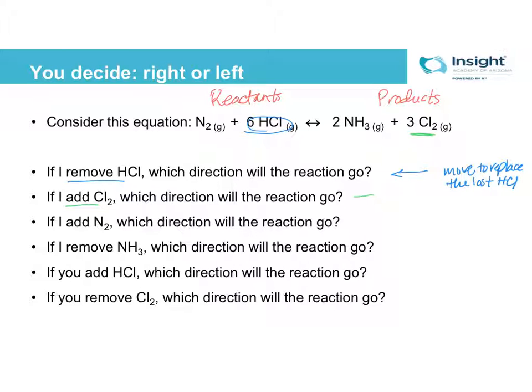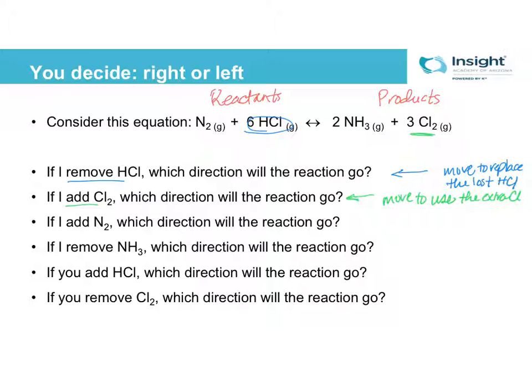We're going to move to use the extra chlorine. So we're going to move in the direction that'll use it up, which would be to the left. So if you add things, you move away from what you add, you move towards what you remove.